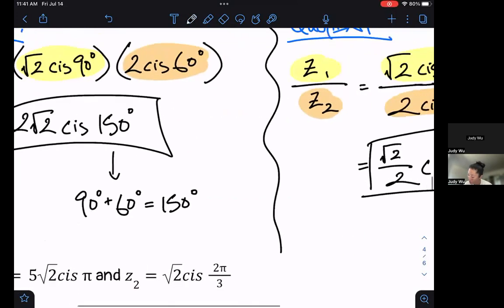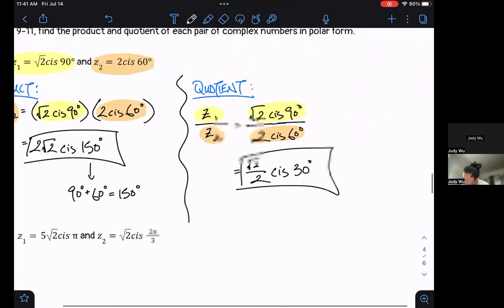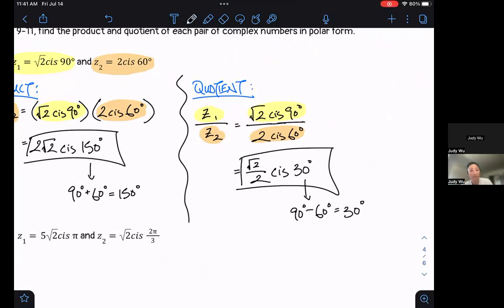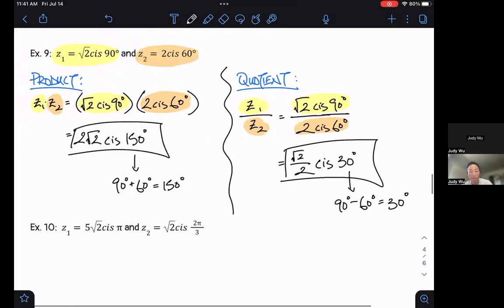And then if we compare that to what we did over here, where do we get the 30? 90 minus 60 gives us 30, okay? So let's try another example and then see if, again, we can come up with this pattern, okay?